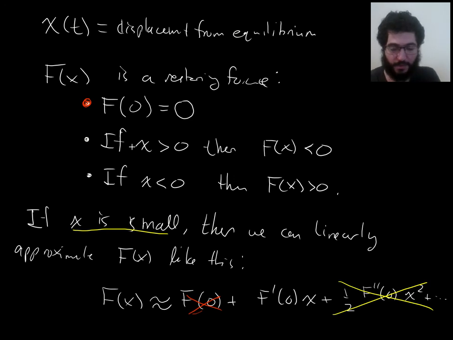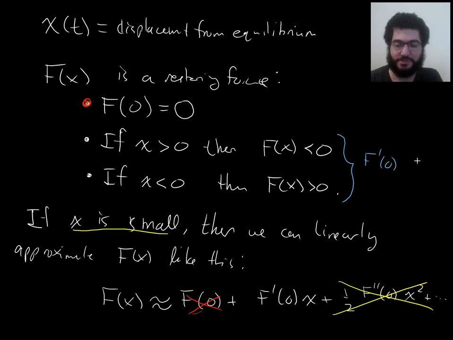This fact that when x is greater than 0, f of x is less than 0, and when x is less than 0, f of x is greater than 0, tells you about f prime of 0. It tells you f prime of 0 is negative, right? I guess it could equal 0, but let's not forget about that case. This tells you that it's negative.